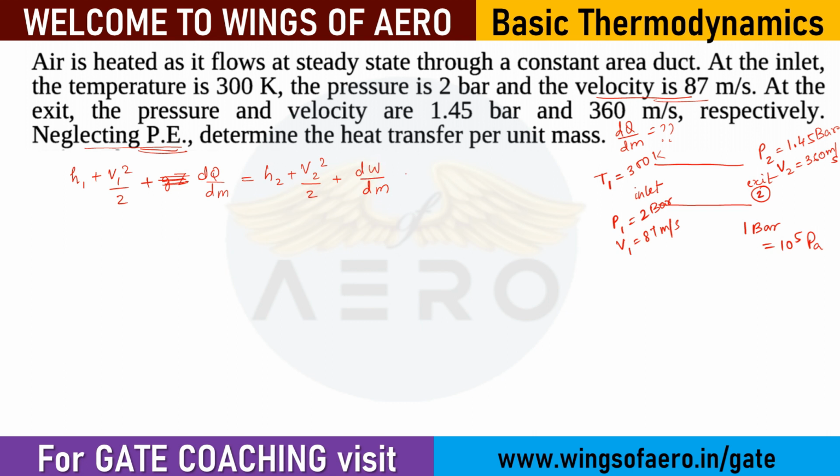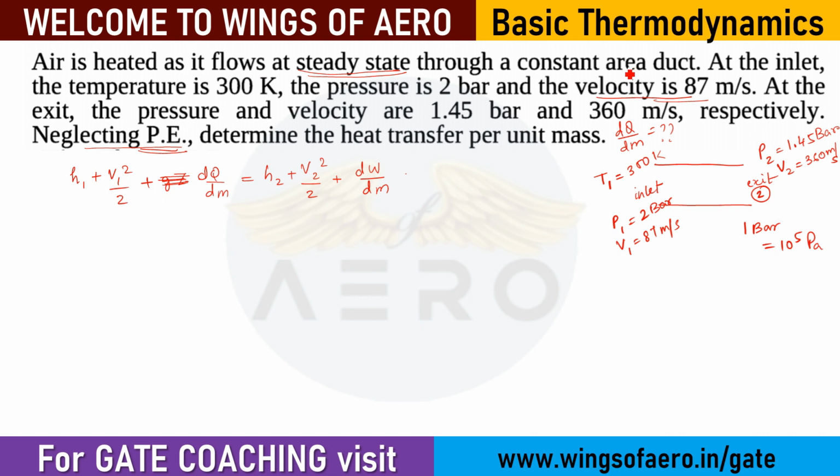As the air is heated in the flow of steady state, this is another key word, through a constant area duct, they have asked only about a constant area duct, any kind of area duct. As they have said heat is added, we are including this dQ by dm.